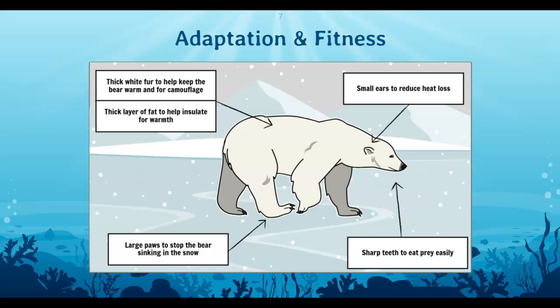But the fitness is going to be all the things that the polar bear has together that make it able to survive and reproduce in the polar climate where it lives. If you put me in a polar climate and said, go ahead and survive, I'd totally die because I am not adapted to that. I would need other humans to help me in a group. And those would be the adaptations for people like the Inuit who live in Arctic locations.